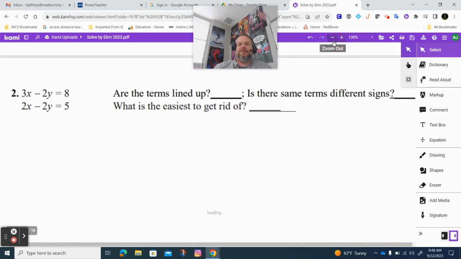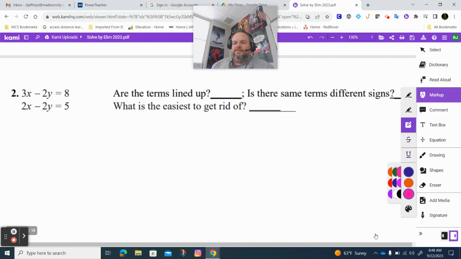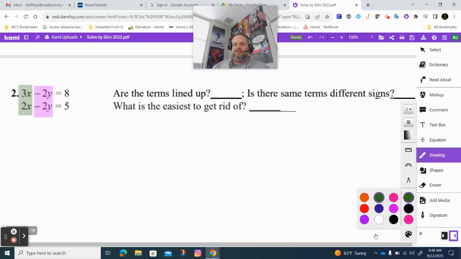Number 2. All right. So I'm just checking to see if these are lined up, which they are. Is there same terms, different signs on this one?